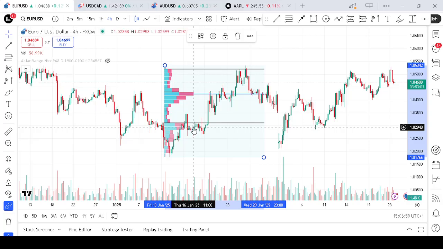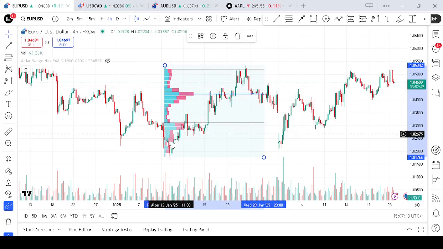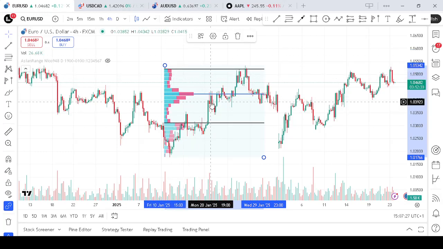The FRVP is particularly valuable because it highlights the key levels such as the value area, the point of control, and the high and low volume nodes. These components help traders identify areas of strong support and resistance, as well as potential breakout zones. By understanding these levels, trust me, you can make more informed decisions about when to enter and exit your trade.